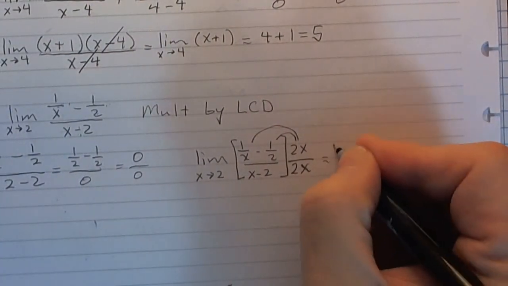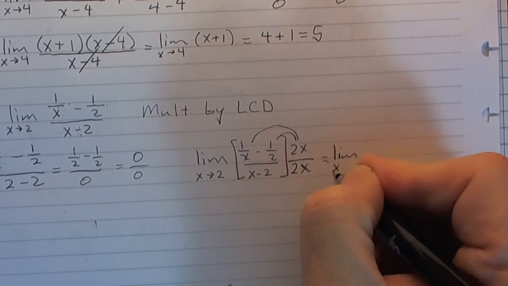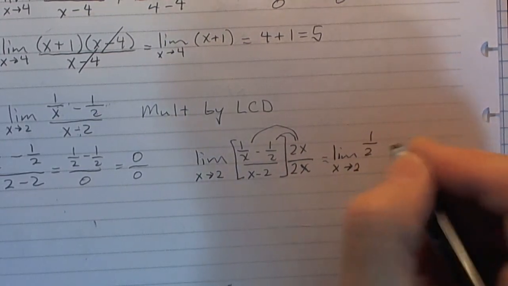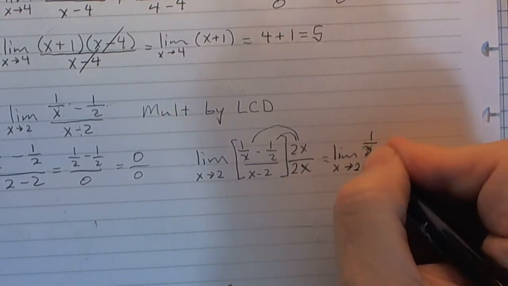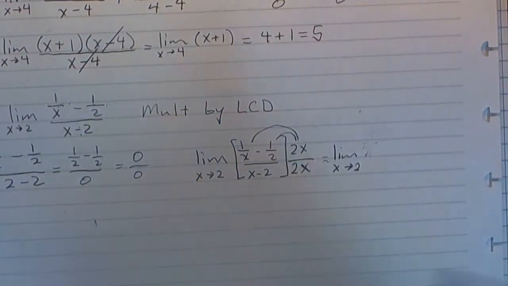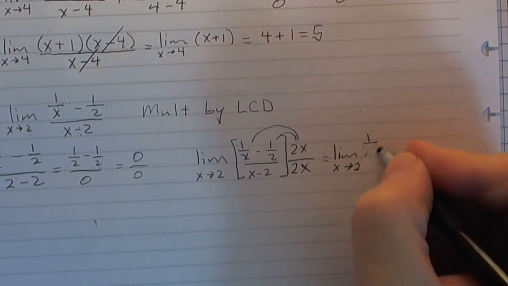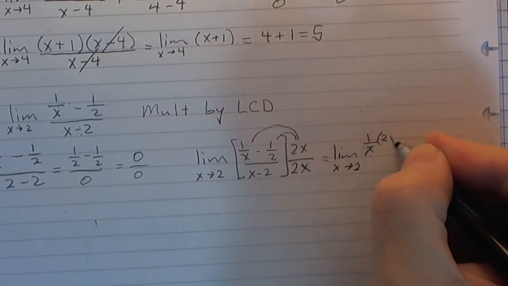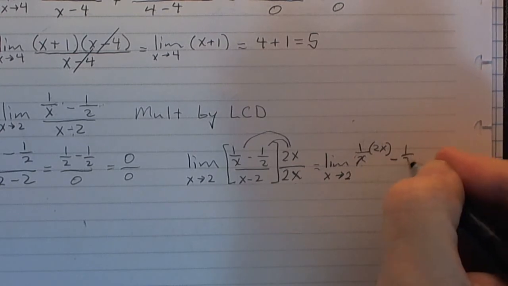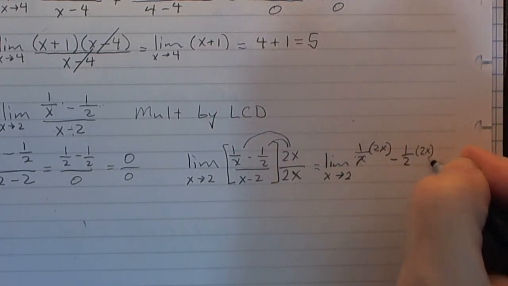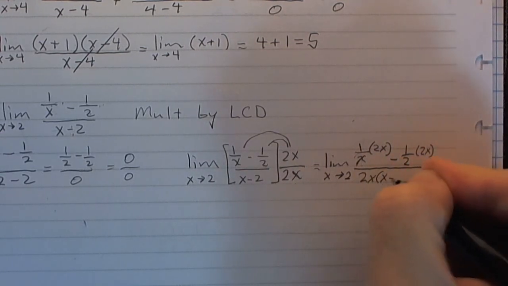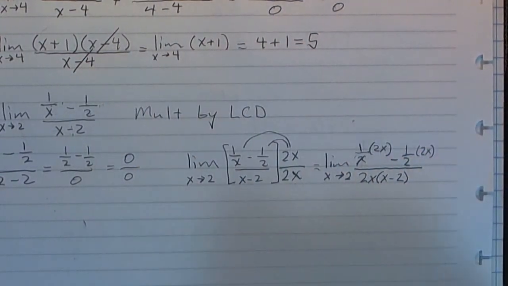I have the limit as x goes to 2 of 1 over x times 2x, minus 1 over 2 times 2x, and don't forget the bottom. Yeah, like that. See what I did?